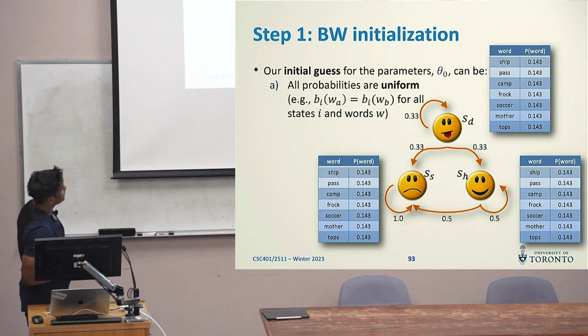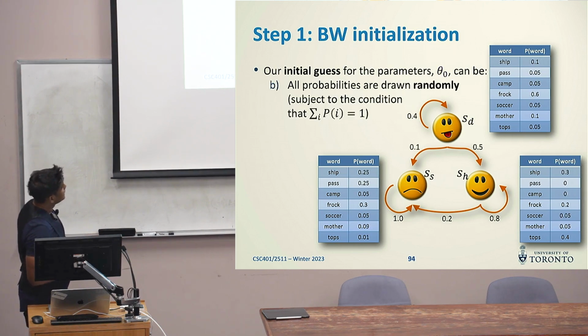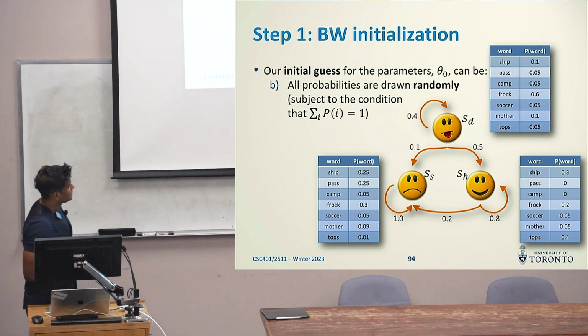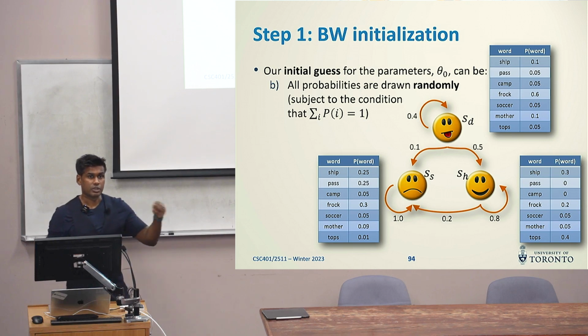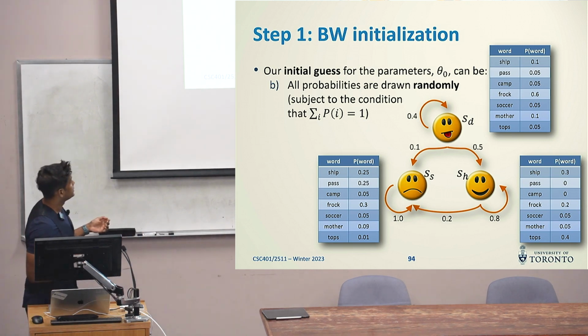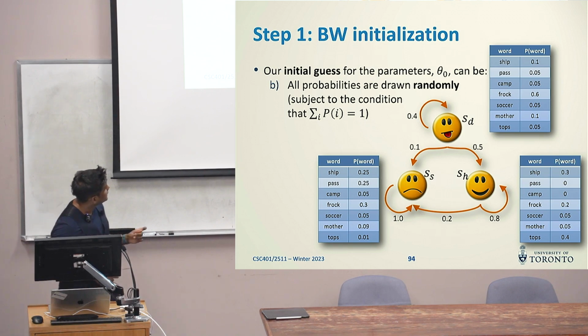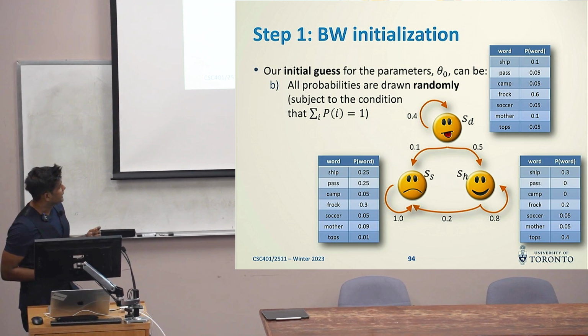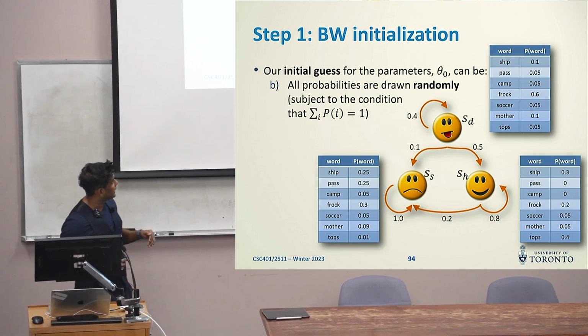The other way would be to randomly pick probabilities for the emission probabilities in each state, as long as it satisfies the condition of being a proper probability distribution, which means all of these probabilities should sum to 1. Another thing you notice is that all the outgoing arcs in the state transition probabilities sum to 1.